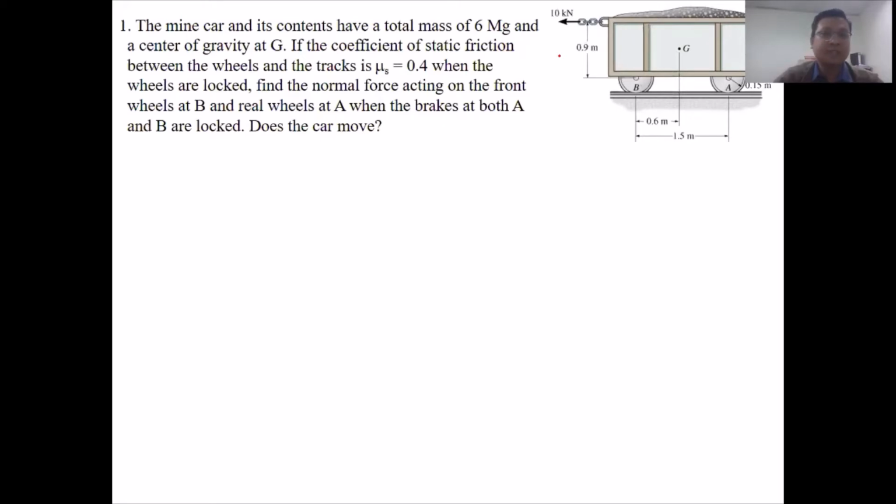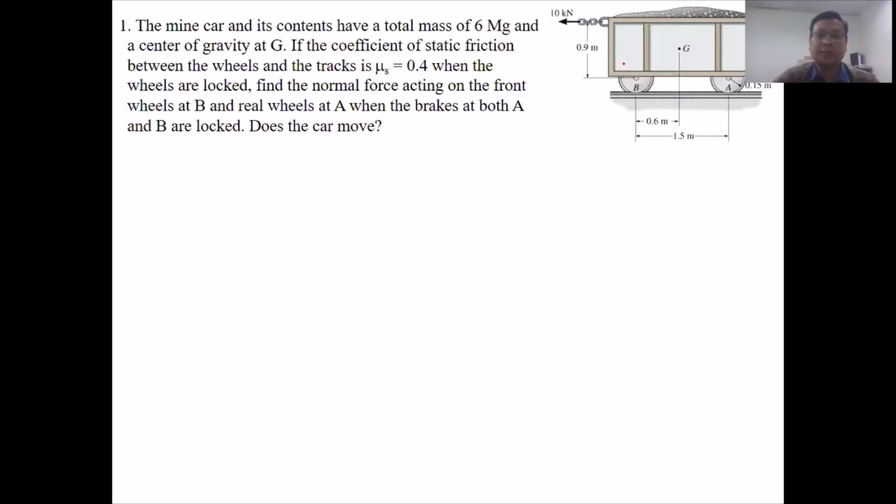If the coefficient of static friction between the wheels and the track is mu s equal to 0.4 when the wheels are locked, find the normal force acting on the front wheels at B and rear wheels at A when the brakes at both A and B are locked. Does the car move?